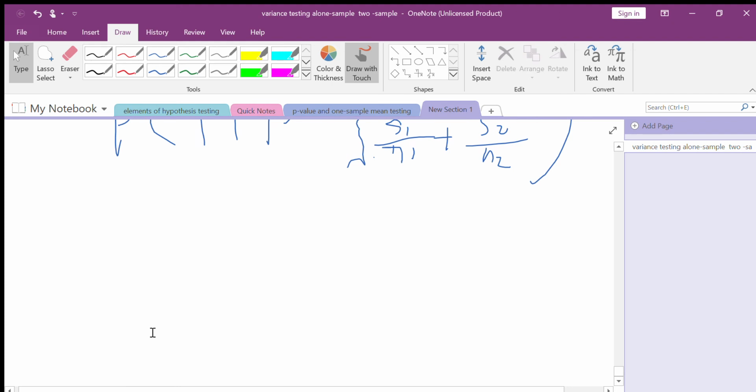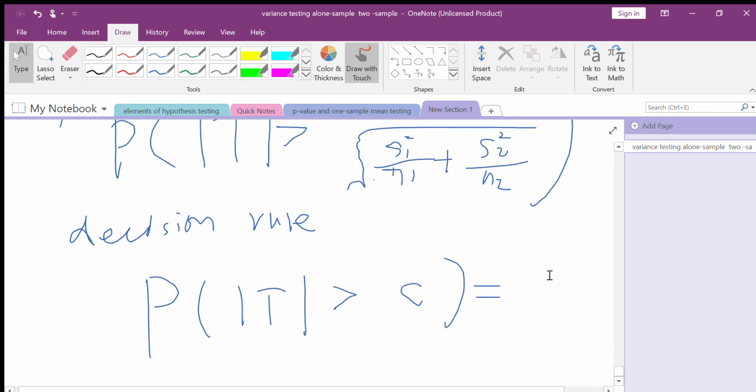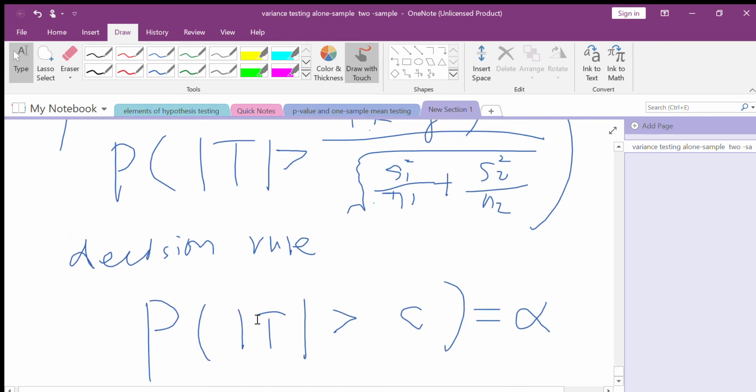For the decision rule, the probability that the absolute value of capital T is greater than some constant c equals alpha. This is our way to determine the constant c. We have done this for two-sided tests; we have seen such a form before.